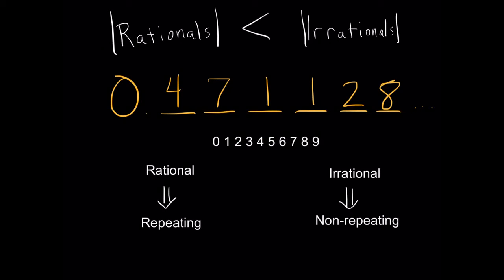You already showed that if you have this repeating pattern in the decimal expansion, it corresponds to a rational number. Now think about that random digit generator, and the likelihood of getting a non-repeating pattern, which would be an irrational number, and the likelihood of getting a repeating pattern, which would be a rational number.